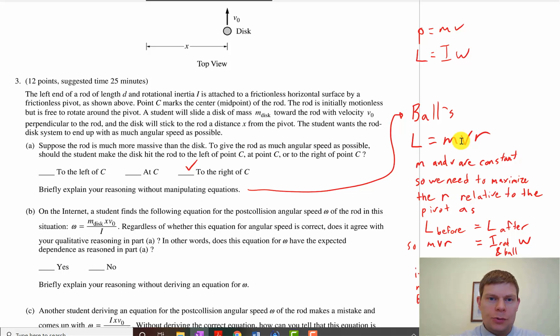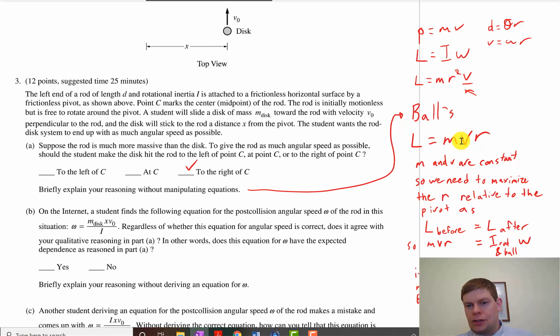For a point mass, which we kind of have here, I is mr squared, and remember v equals omega r, so omega is v over r. We can cancel out one of the r's and we end up with our lovely formula here. So that's just a quick reminder if you forgot.